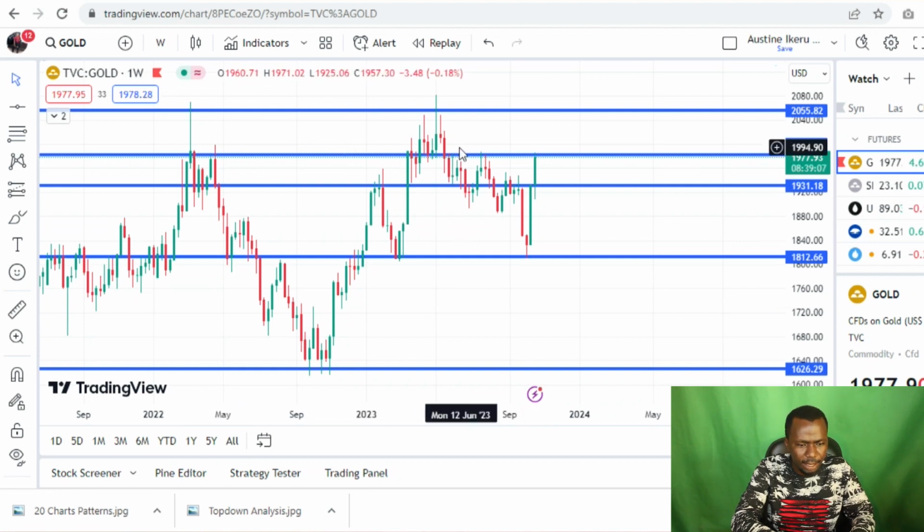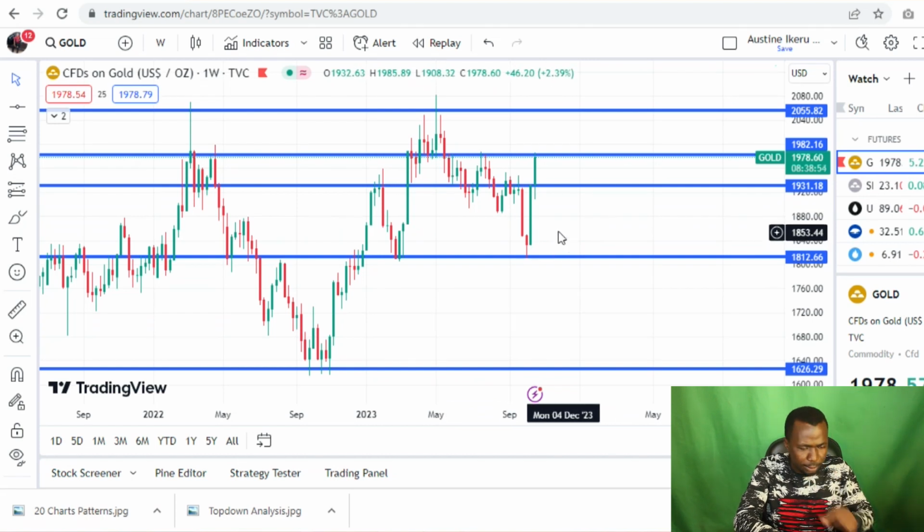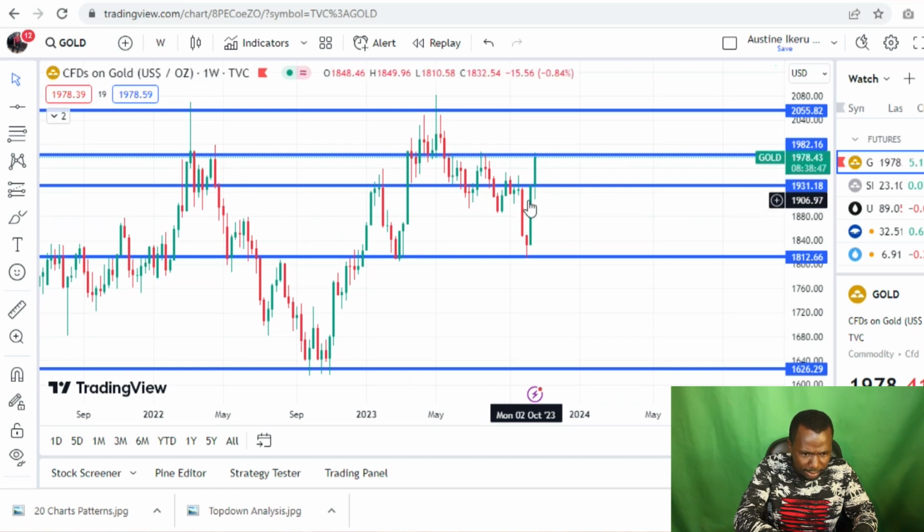We have gotten the key levels for the weekly time frame, and the market structure for the weekly time frame is telling us that the market is still ranging, right? So what we're going to do right now is go to the daily time frame. Just this one candle is a week, right? This is another week.